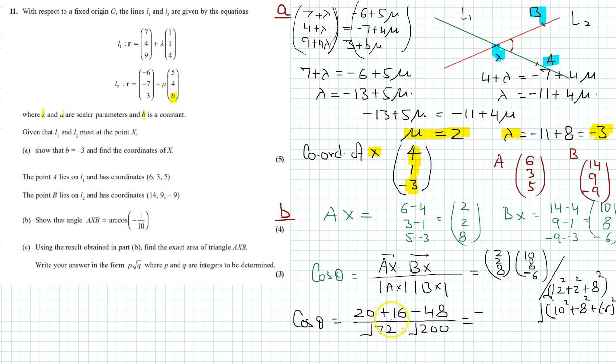So that is minus 12. This is 6 root 2 and this one is 10 root 2. Root 2 and root 2 cancel, so 2, 6. So theta is cos inverse minus 1 over 10. And that is what we are supposed to prove.